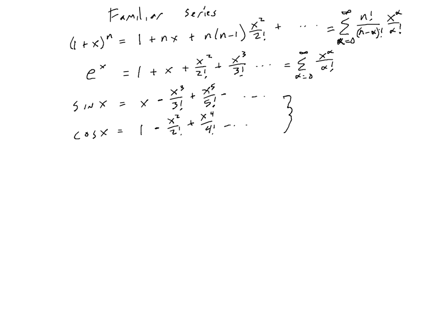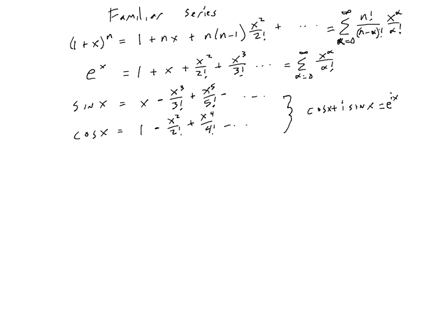When you look at these side by side, it becomes very clear that if you take cosine plus i sine, the result is going to look just like the exponential series.